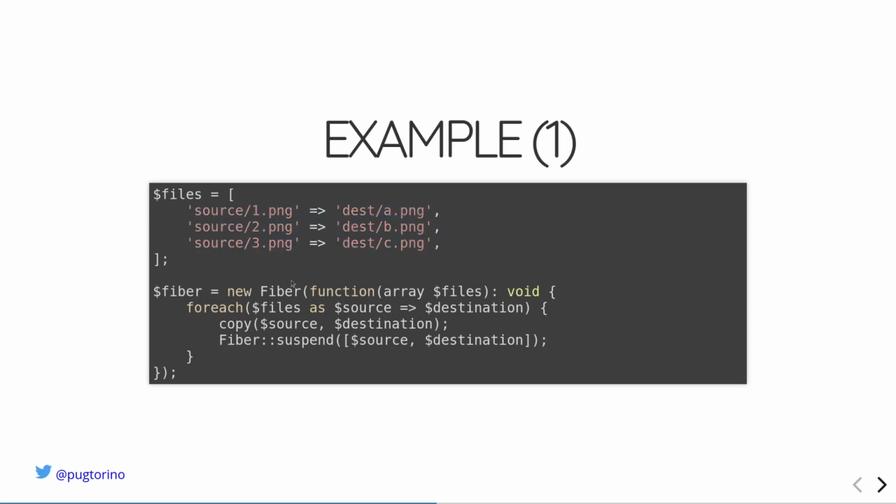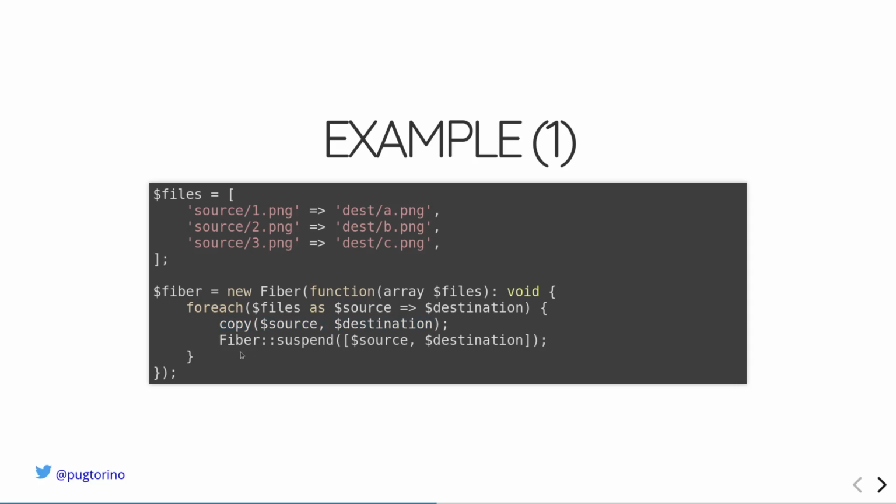Basically here we are saying that we want to copy these 3 files into these destination folders. We can create a fiber object where we specify in the constructor an anonymous function passing in this case one parameter that is the array of files. Inside the fiber we have a foreach, looping inside the $files array, and we use copy, the PHP function to copy a file from the source to the destination.